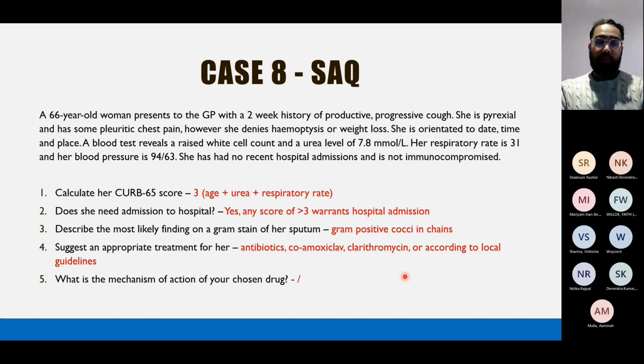So strep is gram-positive, streptococcus. That's where the cocci comes from. And then one of my friends told me a really useful trick to remembering the difference between how Staphylococcus and Streptococcus are arranged on a Gram stain. So Staphylococcus: staff, as in staff in a shop.